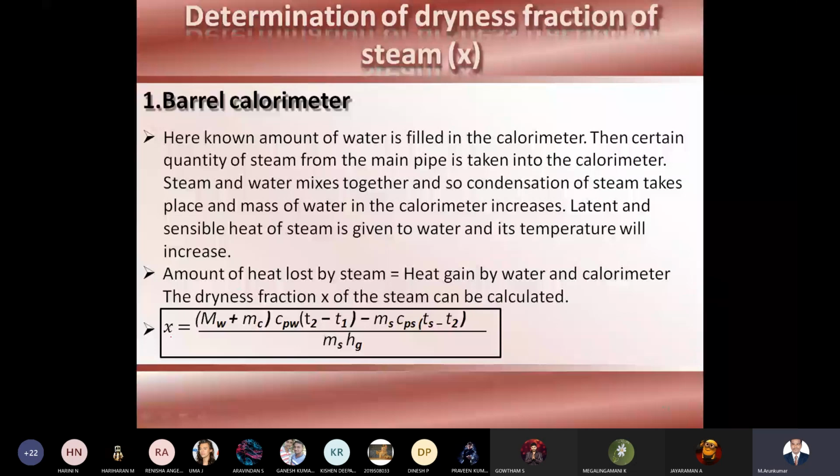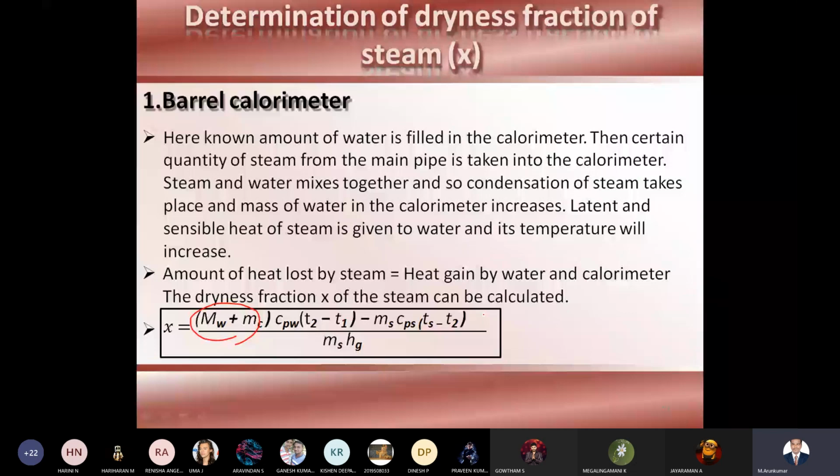X is equal to mw, the total mass, into CPW, that is specific heat at constant pressure for water, then change in temperature, minus mass of steam into specific heat at constant pressure for steam into change in temperature, divided by m into h. So from this equation we can calculate the dryness fraction of our steam with the use of the barrel calorimeter.